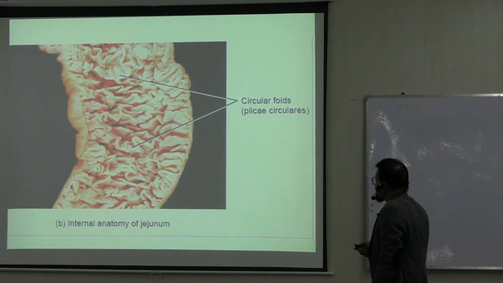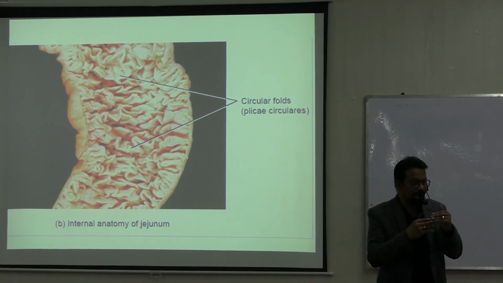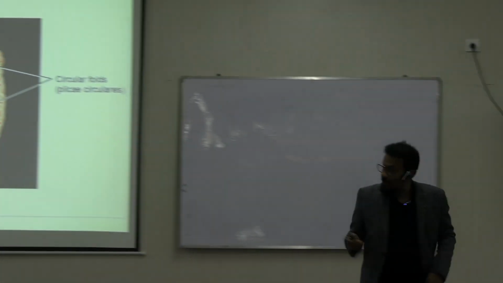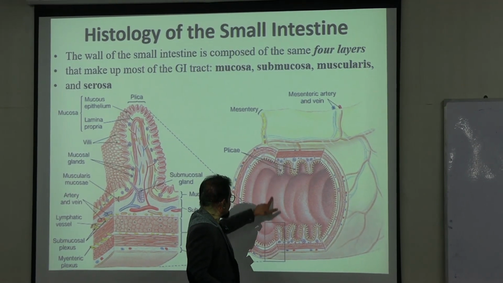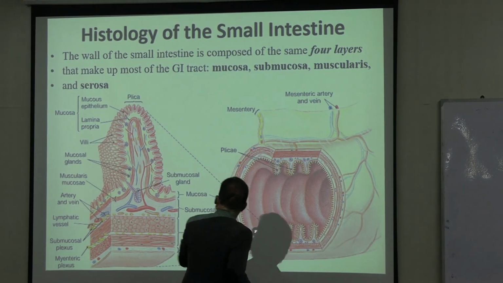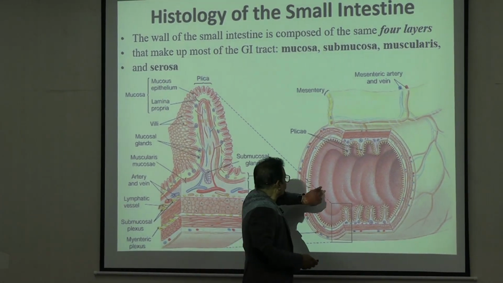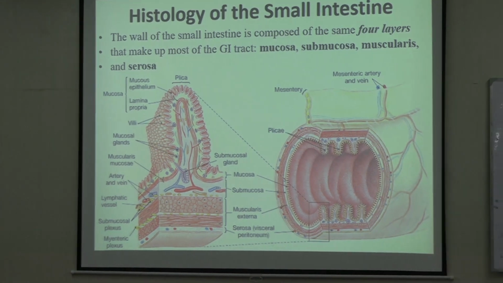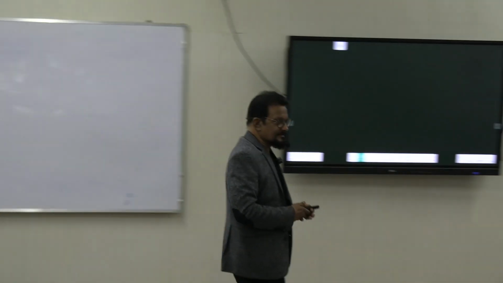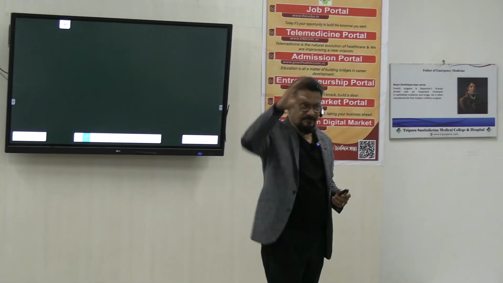These sort of bands. These are folded. See the bands. What is the purpose of the formation of these round bands? Increasing the surface area.